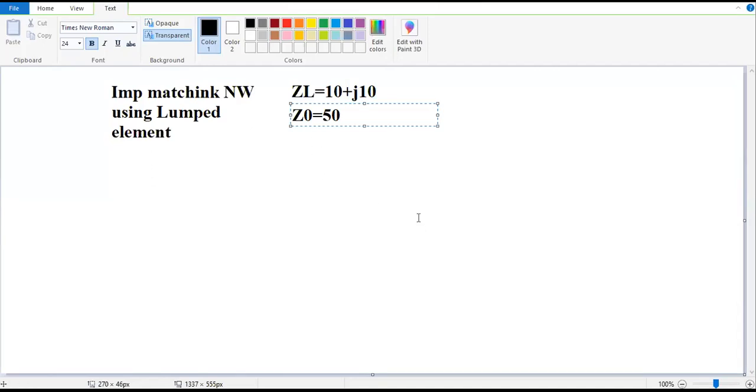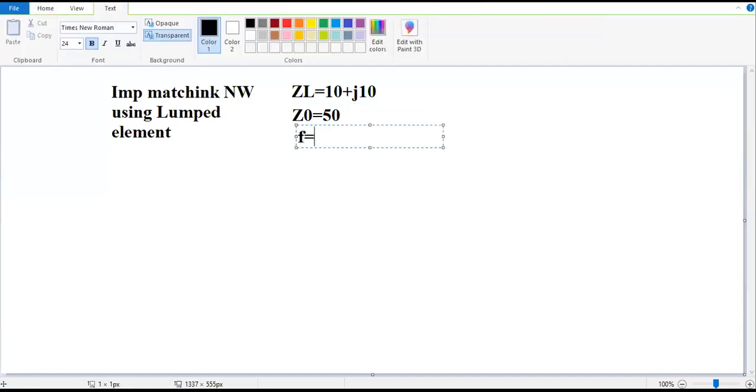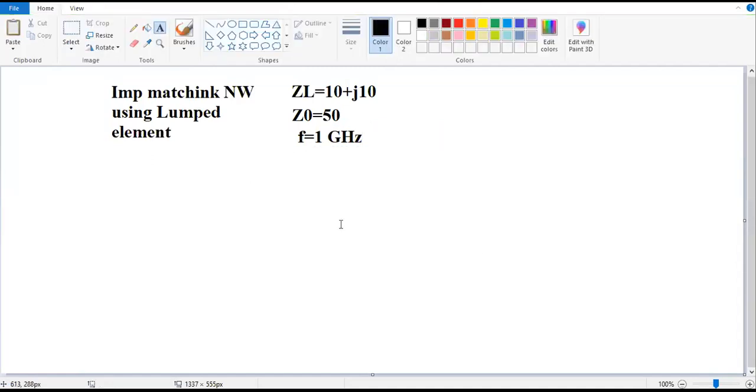Now consider the frequency. The frequency f equals 1 gigahertz. 1 gigahertz is the frequency given.